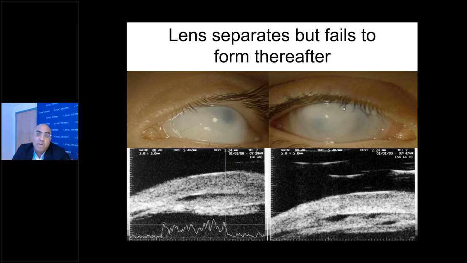You always operate on the worst seeing eye so that you never compromise the overall function of the child's vision with both eyes open. That's really important. If you do the worst eye and then it becomes the better seeing eye, then you can consider doing the other eye, because it's no longer the better seeing eye.